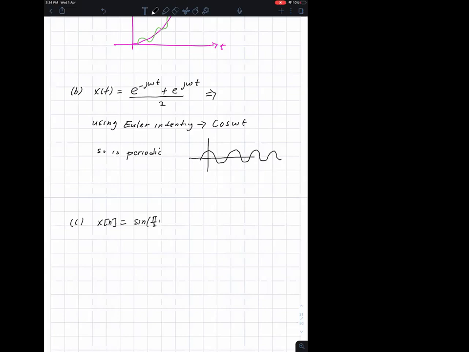So this n is a discrete time, not a discrete frequency. Usually we have omega here.